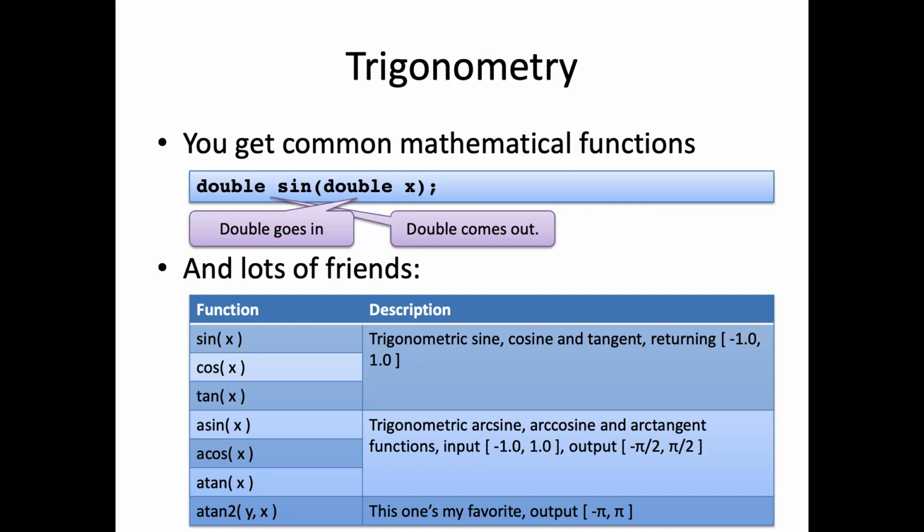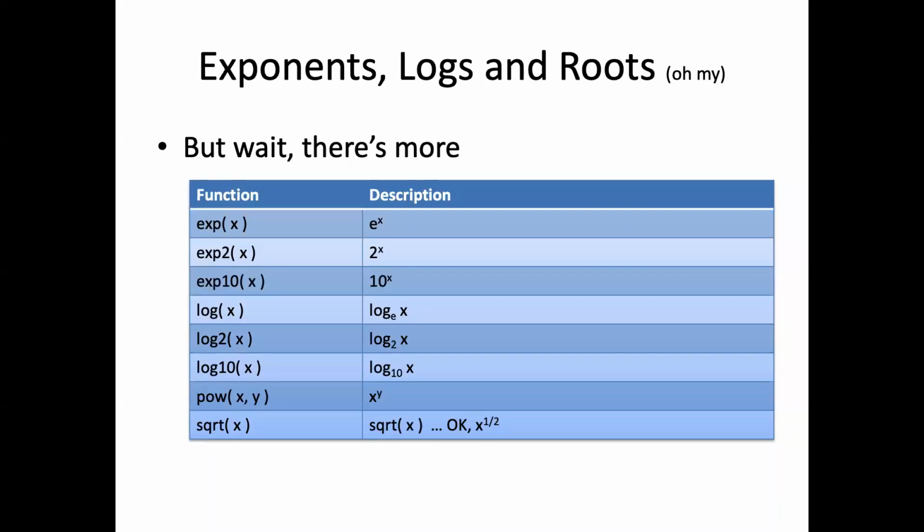So sine, this first one, expects a double parameter and returns double. sinf, just no underscore or anything, takes a float parameter, and sinl takes a long double parameter. So for each of the functions that I'm showing you here, there are typically three functions in the standard library, just for different types of parameters.